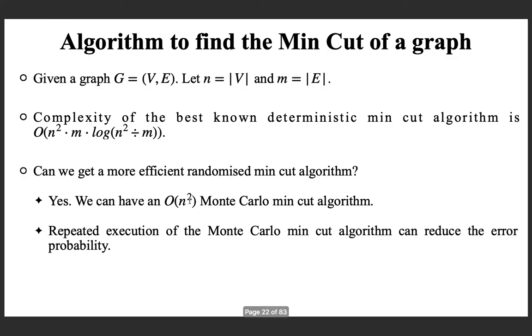Recall that repeated execution of the Monte Carlo algorithm can reduce the error probability. If you allow a little more time, you can control the error probability to a greater extent. That is the property of a Monte Carlo algorithm.